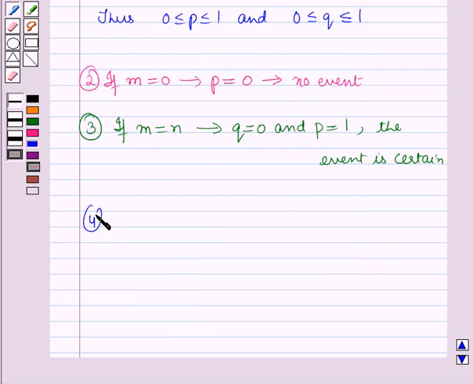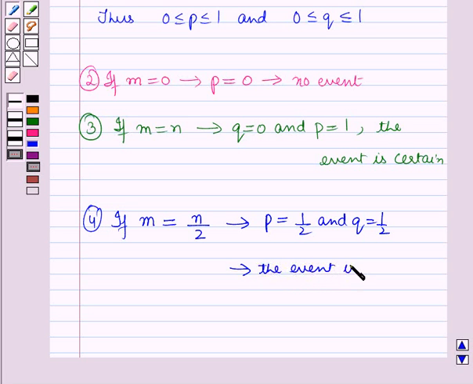Now, if the number of favorable outcomes is equal to the total number of outcomes by 2, then P is equal to 1 by 2 and Q is equal to 1 by 2. This means the event is as likely to happen as to fail.